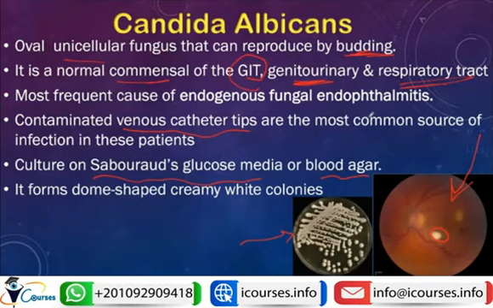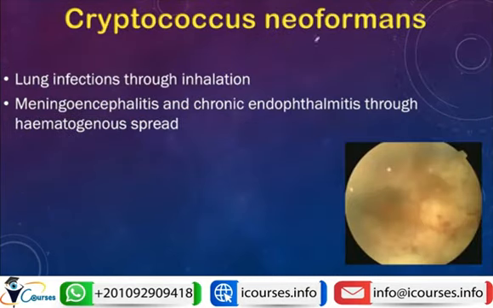The second form of yeast is called Cryptococcus neoformans, and the first discovery of this organism was in HIV patients. If you want to know how HIV was discovered, these patients were found to have a strange fungal infection of their lungs that comes through inhalation.